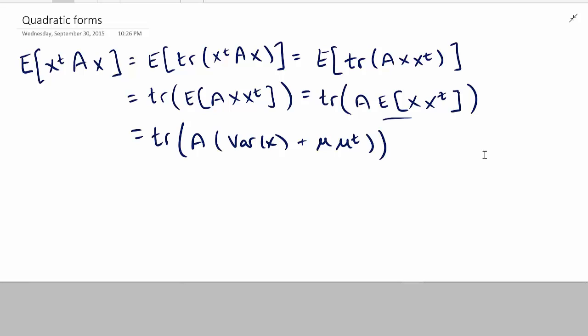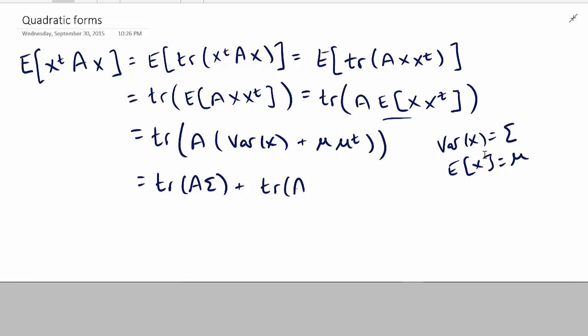Okay? So let's just call the variance of x, let's call that sigma. So just over here, we're going to define the variance of x as capital Sigma, and the expected value of x we've typically defined as mu. Okay, so now we can write this as the trace of A Sigma, plus the trace of A mu mu transpose.